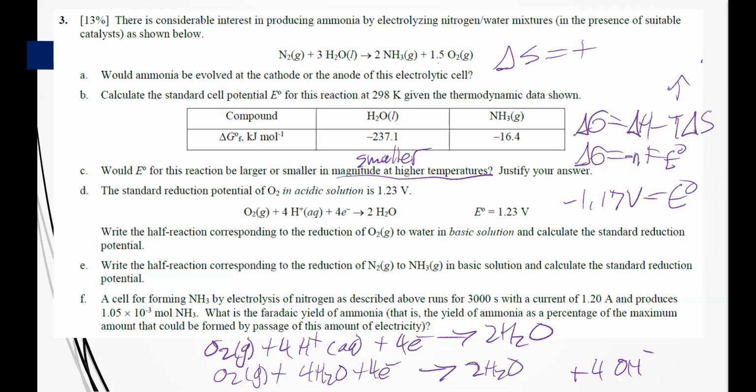And so then we can remove our waters. And it kind of works out. We have 2, 3, 4 oxygens. We have 4 oxygens. We have 4 hydrogens. So we can find that there for our base one.